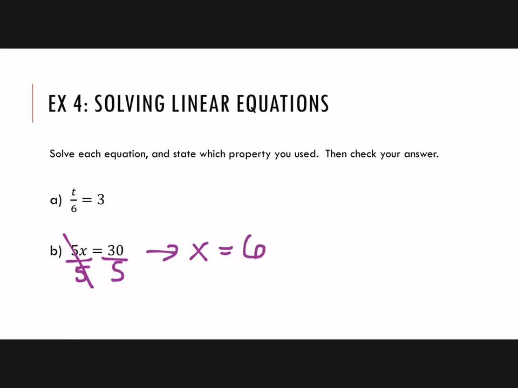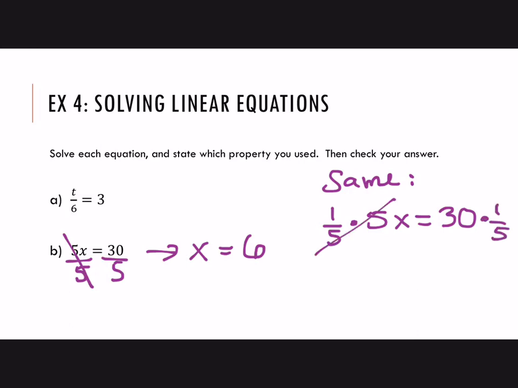Now, this is dividing by 5, but it would also be the exact same if you multiplied by 1/5. This goes back to a rule that you learned probably in a previous class. When you divide by something, it's the same as multiplying by the reciprocal. So I could divide by 5 or multiply by 1/5. I'm going to get the same thing, x equals 6.